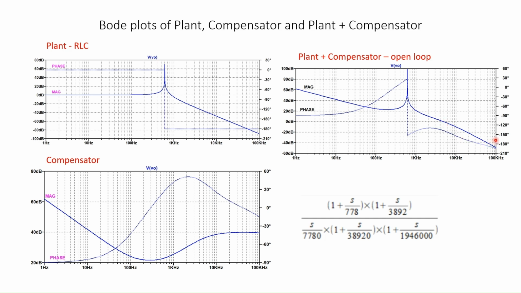You can see here the phase is around 40 degrees at this point. So we have a phase margin of about 40 degrees, and the phase becomes 180 somewhere here, and then we have a very good gain margin of 30 dB.